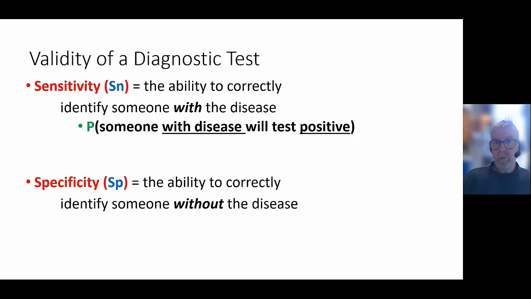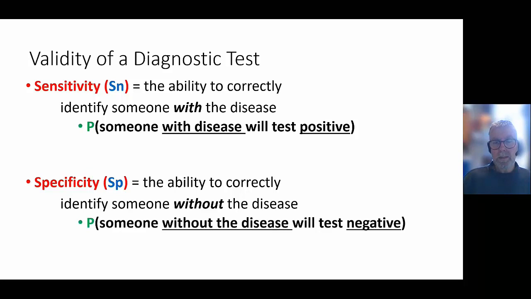The specificity, on the other hand, is the ability of the diagnostic tool to correctly identify that someone without the disease will indeed test negative. Again, expressed as a probability, it is the probability that someone without the disease will indeed test negative. And again, we want this to be as close to 1.0 or 100% if you will, using percentages. So a good diagnostic tool is one that has both high sensitivity and high specificity.